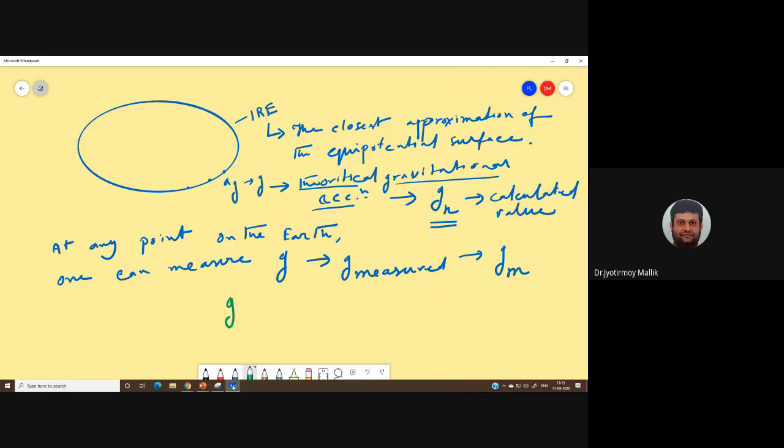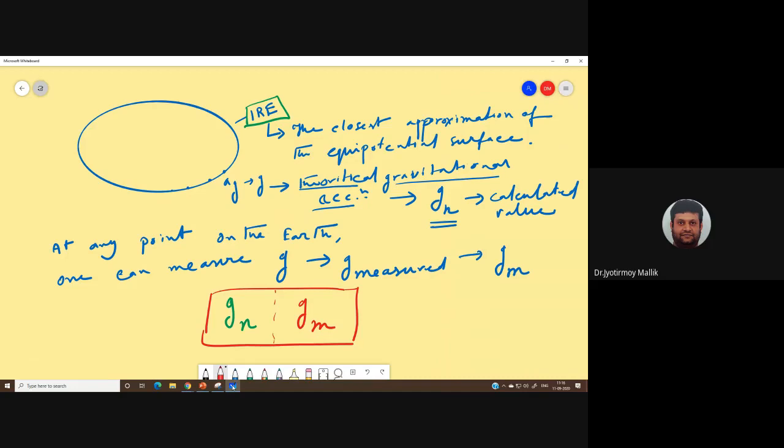One is Gn, that is the theoretical value of g calculated on the international reference ellipsoid, and then I will have Gm, that is the measured g at any point on the surface of the Earth. And these will be two important things that we will deal with while we use the gravitational technique for our purpose.